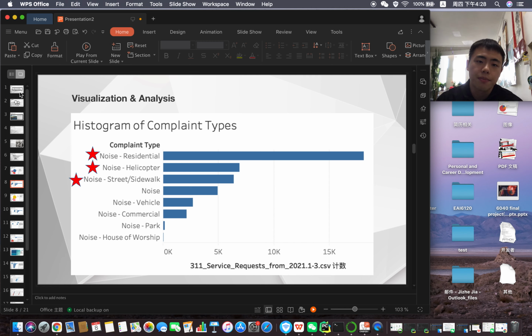This histogram of complaint types talks about a similar topic from the last page. We can find residential, helicopter, street sidewalk noise are three main complaint types.